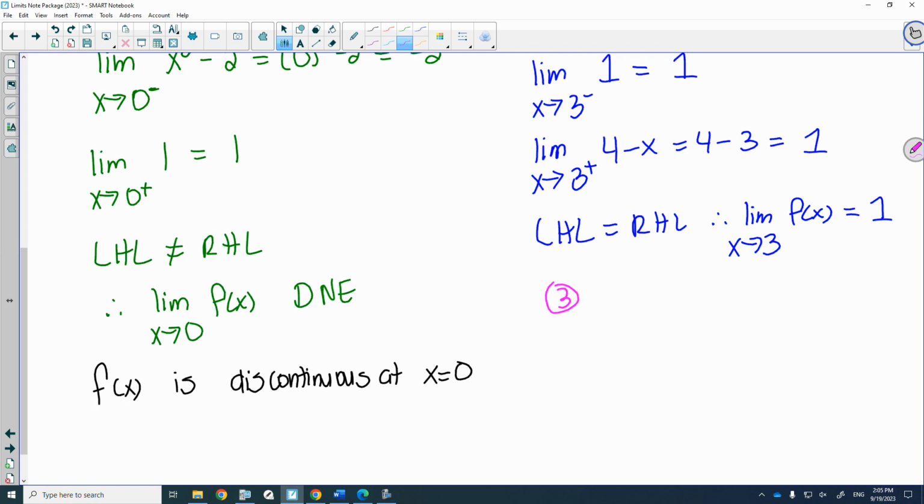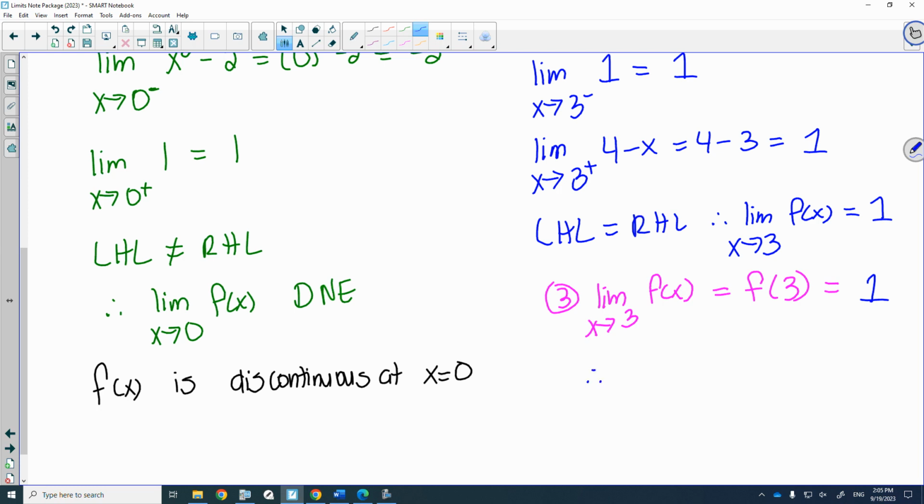Does the limit equal the point? Yes. So what you could say for this one is the limit as x approaches 3 of f of x is equal to f of 3. And actually, I could even say that was equal to 1. The limit equaled the point. The limit was 1, the point was 1, they're equal.